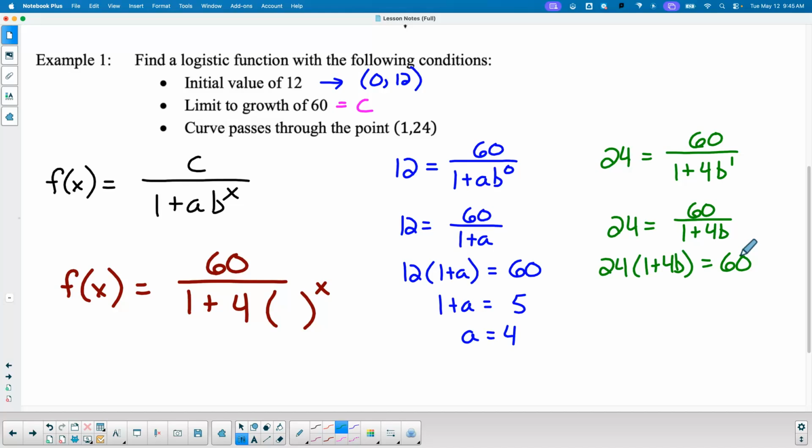Then subtract 1. Then divide by 4. And there's our logistical function.